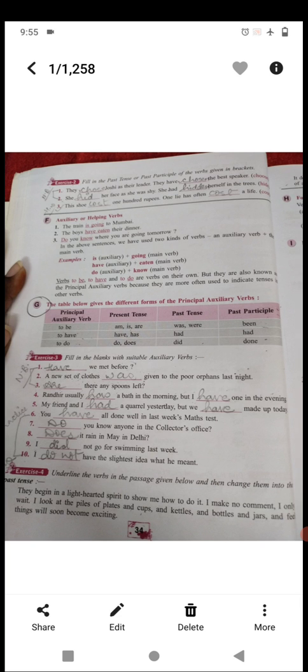Okay, now this much we have done in English, but I want to tell you the project that you have to do for the month of August in English 2. I have not given you the English 2 project for the month of August because we have not done anything in English 2.